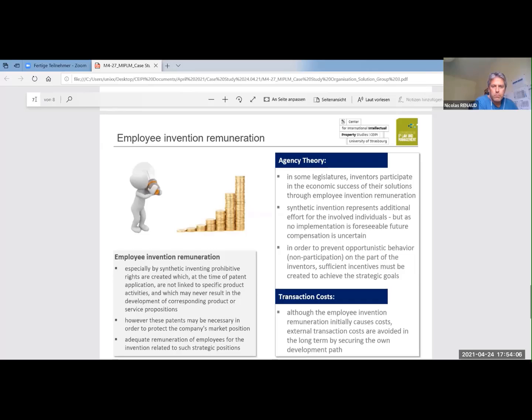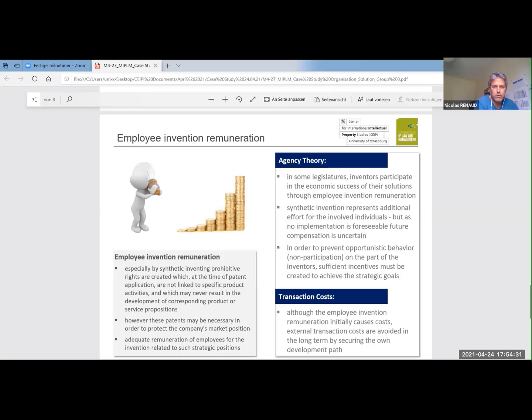So we could be facing a problem of hidden agenda of the inventor, because if he has only a few hours to dedicate to inventions, he might dedicate this time only to the inventions that will maximize his remuneration, his bonus for the invention.